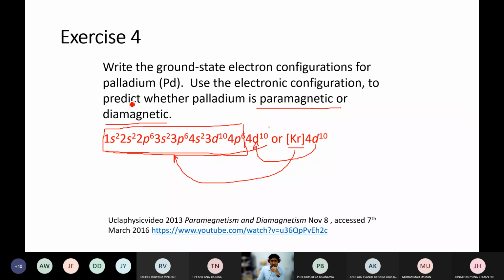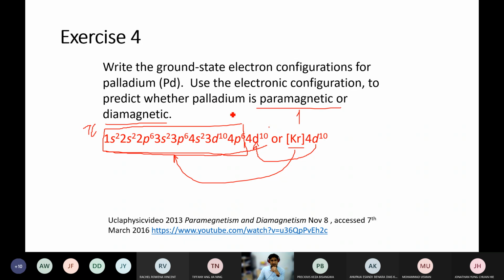So when there is an unpaired electron in the outermost shell, then it is paramagnetic. And diamagnetic if the electrons are paired in the outermost shell.